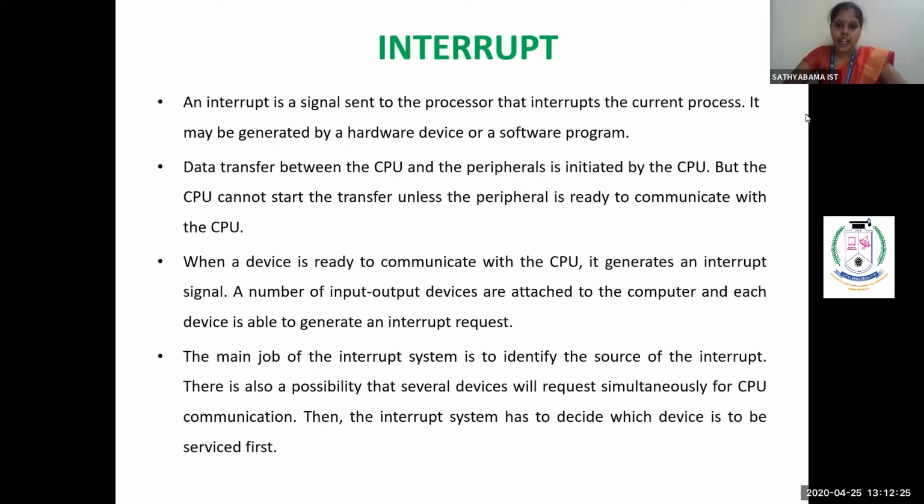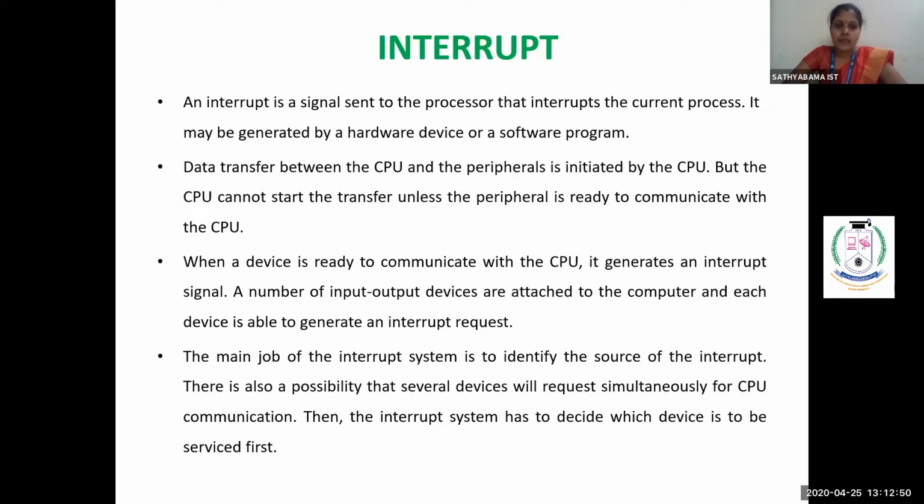Before going to the priority interrupt, you must know what is meant by interrupt. An interrupt is a signal or a condition sent to the processor that interrupts the current process. So whenever an interrupt signal comes to the processor, whatever work the processor is doing, it stops and first executes and services the interrupt signal.